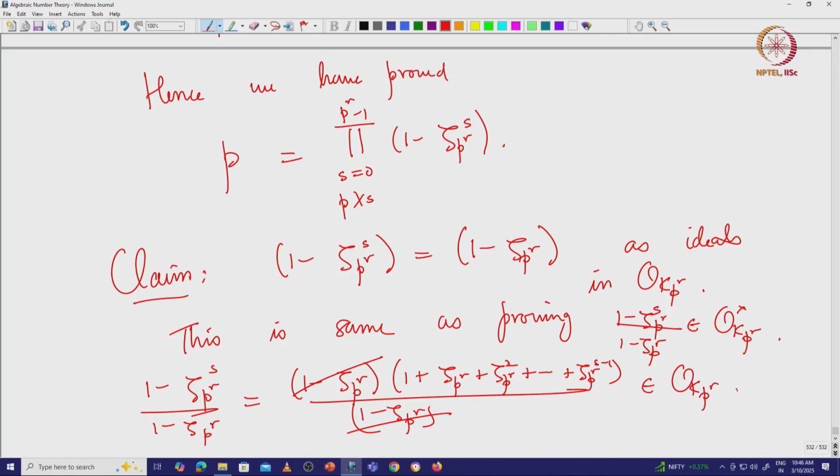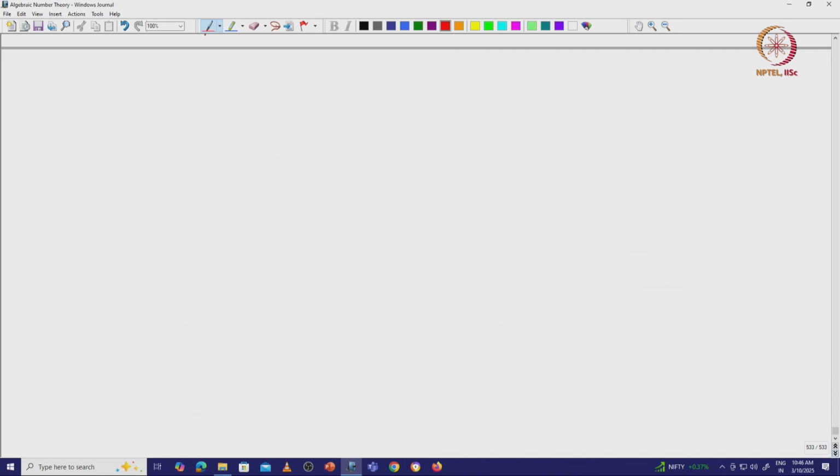I do not care what the ring of integers is, this linear combination certainly is an algebraic integer, because zeta p to the r is an algebraic integer. So this was easy. So this ratio is inside the ring of integers.